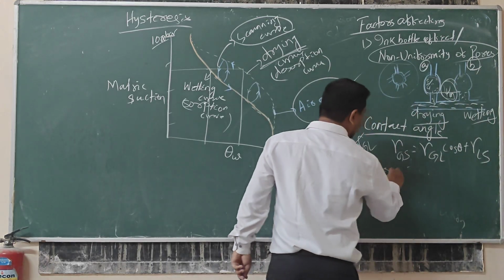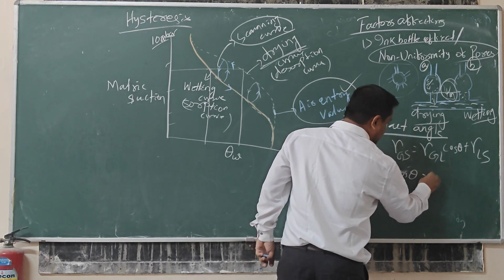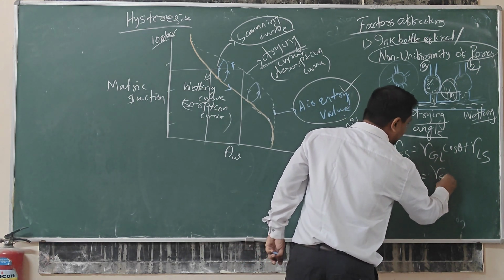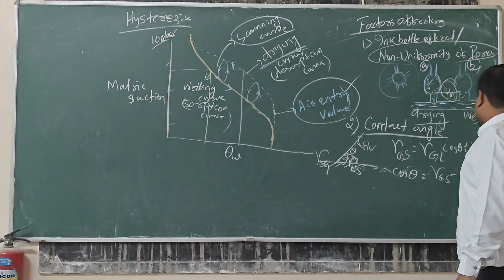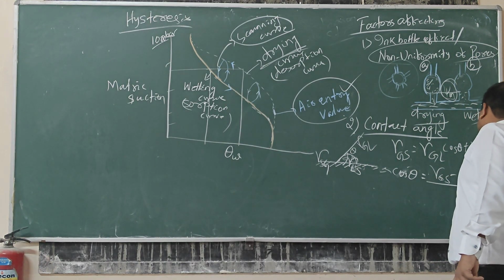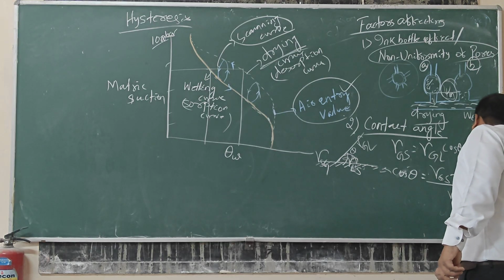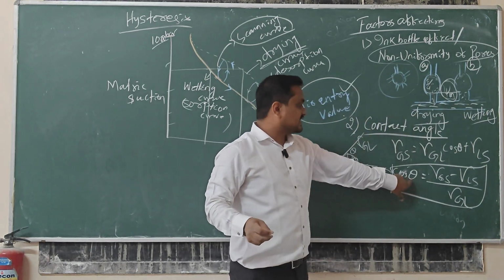This is very simple. Now, from this, cos theta equals the surface tension of gas and solid minus the surface tension of liquid and solid, divided by the surface tension of gas and liquid. Actually, this is the contact angle equation.